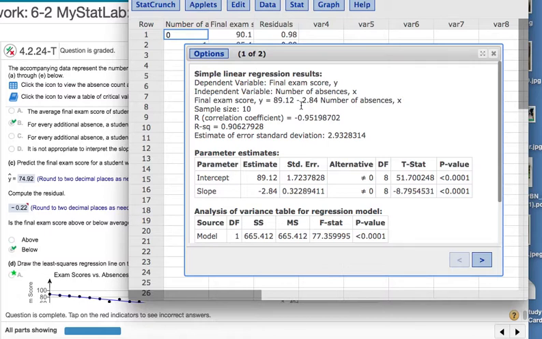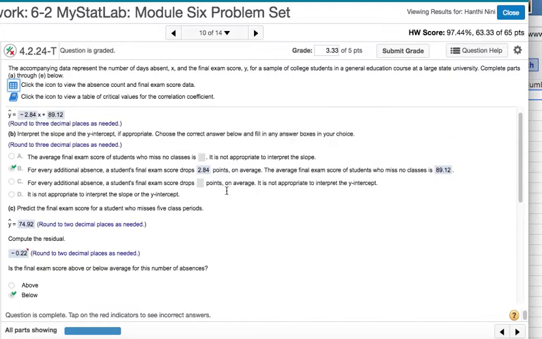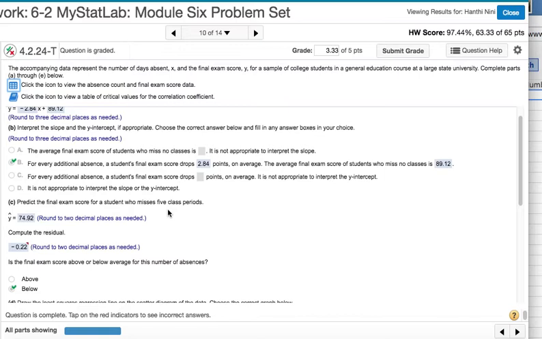So if a student's absent 5 times, we can look at the equation up above right here. We substitute 5 in for x, so 5 times negative 2.84, and then we combine that with 89.12, and our answer would be 74.92.